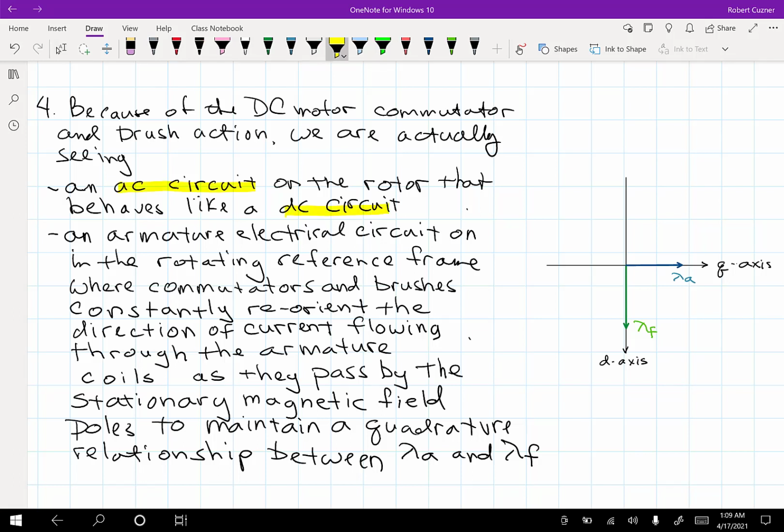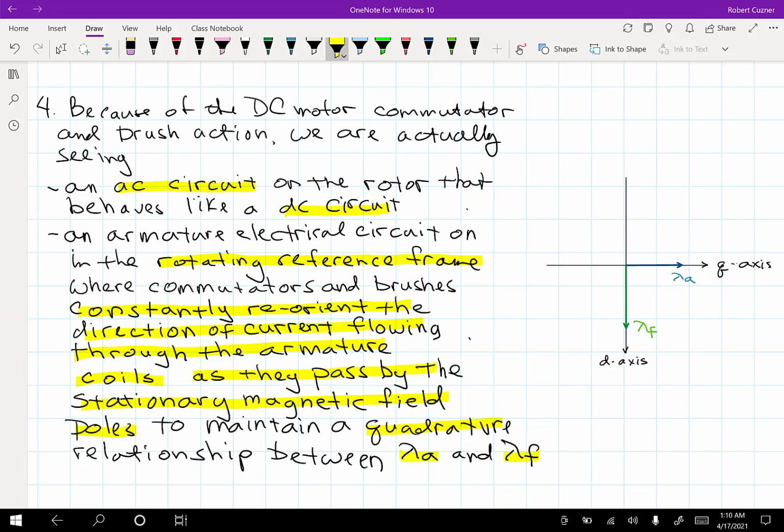We're also seeing an armature electrical circuit in the rotating reference frame, where commutators and brushes perform a mechanism that constantly reorients the direction of the current flowing through the armature coils as they pass by the stationary magnetic field poles, in order to maintain a quadrature relationship between the armature flux linkage and the field flux linkage.